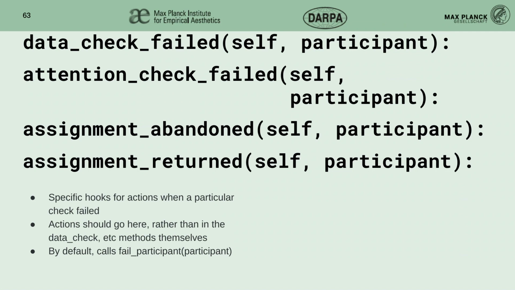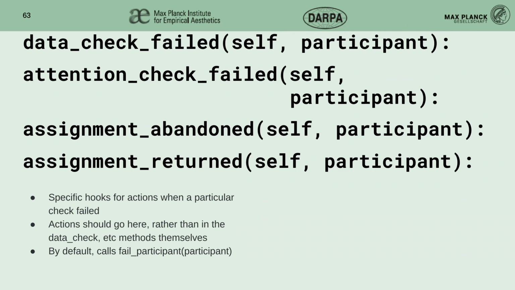They call the fail participant method, which goes through and rejects all of the infos and cleans up the space in the networks. In both of these bottom two, you cannot say I'm failing them on Mechanical Turk because in both cases they no longer have the hit, so you do not have that decision. It's just been rejected. But this allows you to put in a callback to say, okay, with assignment abandoned, a timeout has been exceeded.